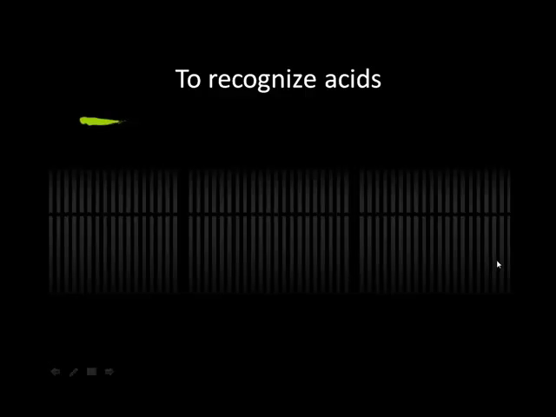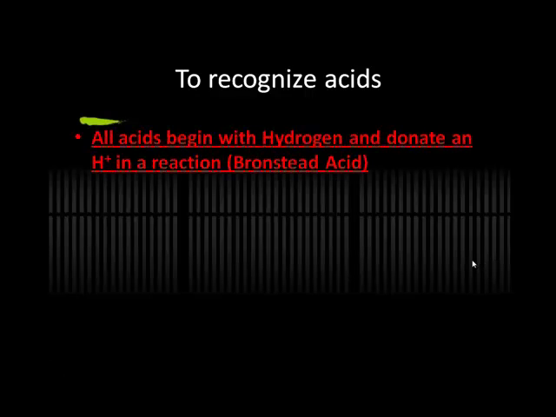An easy way to recognize acids, and this is one of the things we are expecting you to do for Objective 4.1, is that acids almost always have hydrogen as the first letter in their formulas. And if you're looking at a chemical equation, a chemical reaction, acids will actually lose their hydrogen. We call that donating. They donate their hydrogen to another molecule.